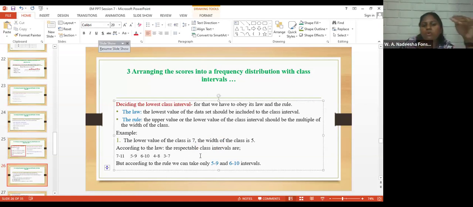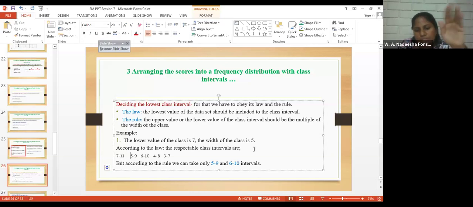So the lower value of the class is 7, and the class width is 5. Then 7 to 11: we add 4 to 7, that is 11.